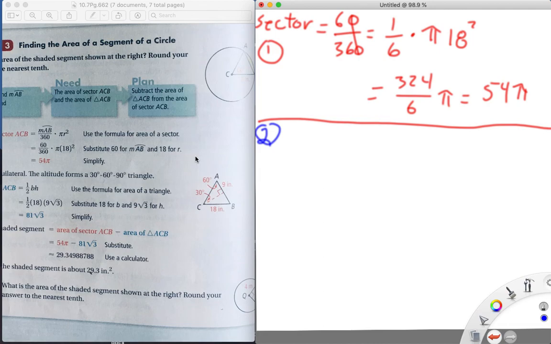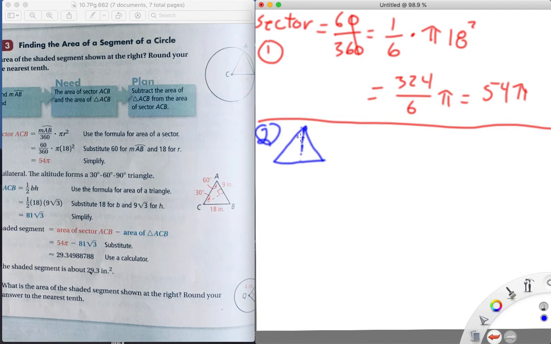We know that it's going to form a 30, 60, 90. We also know that if it's a 60-degree triangle, then it's an equilateral triangle, so all sides are going to be the same. So they draw it here for you too, but I'll also draw my horrible rendition of the same thing. So we have a 30, 60, 90.